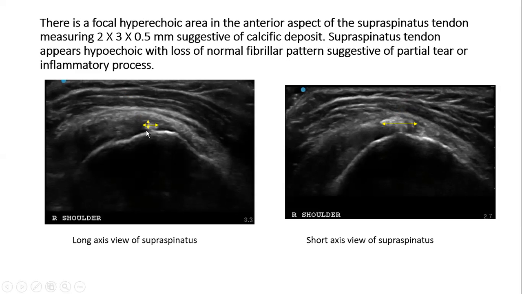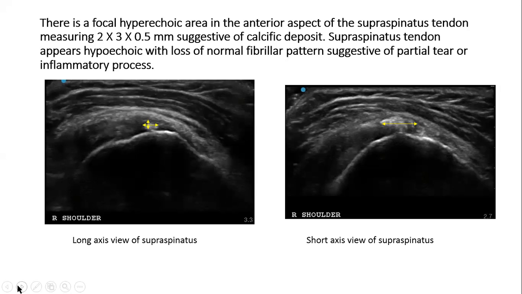The height you can take in short or long, but here I can see it better defined, so I took the height in the long axis view. That makes sense, because I typically measure the height in short axis. It doesn't matter, that's fine. Length is in long axis and breadth or width in short axis.